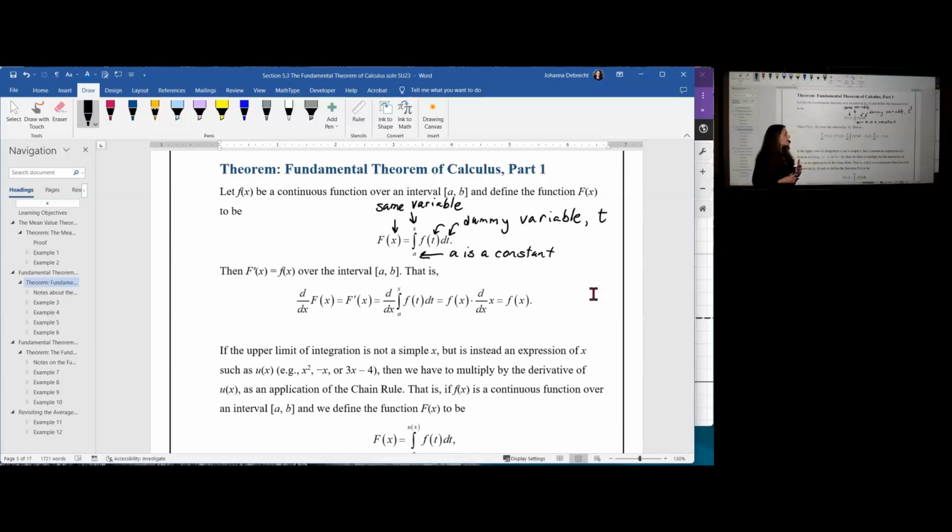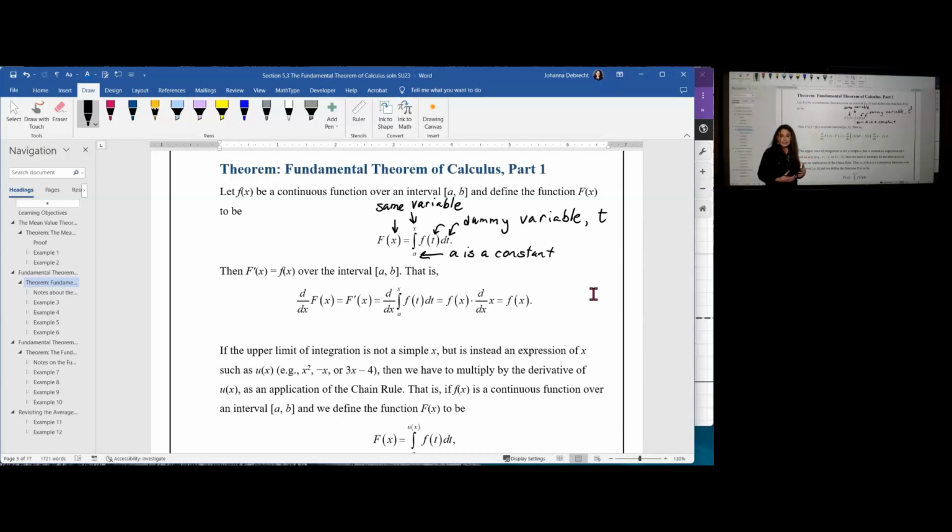We're going to state that, in fact, the derivative of uppercase F does give us lowercase f, making uppercase F, by definition, an antiderivative function for lowercase f.